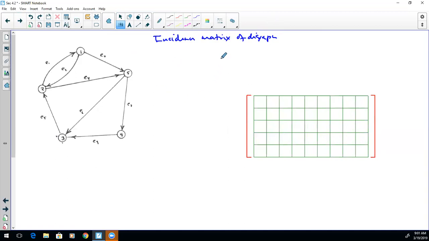Okay, so the incidence matrix here, we're going to call it capital B. An entry in capital B will come from row i and column k here.